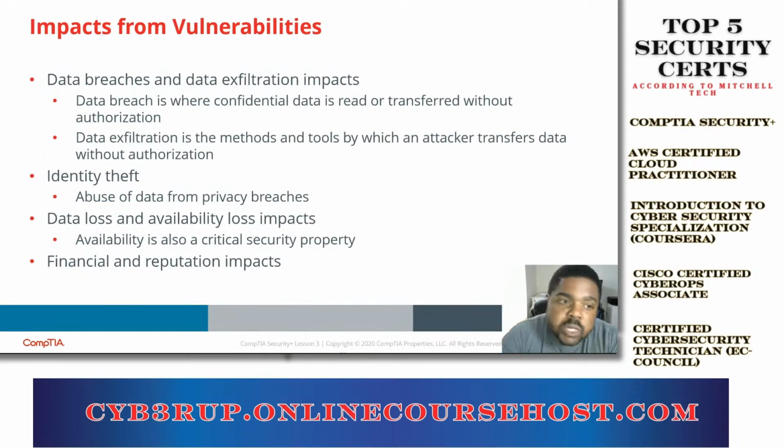Now, if we have those weak configurations and default passwords still in play, then we run a high risk of letting vulnerabilities be exploited. And these can lead to data breaches. We all know, or we all have heard of data breaches and how companies have fallen victim to these type of attacks, but it's pretty much where confidential data is being transferred without someone's authorization.